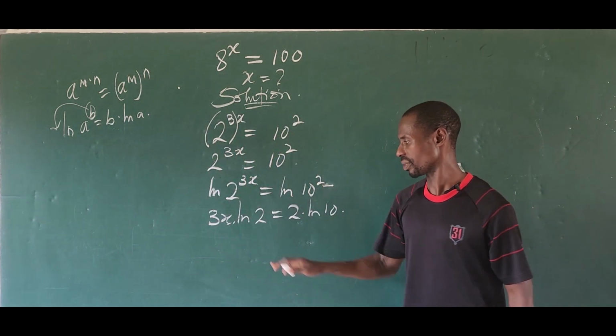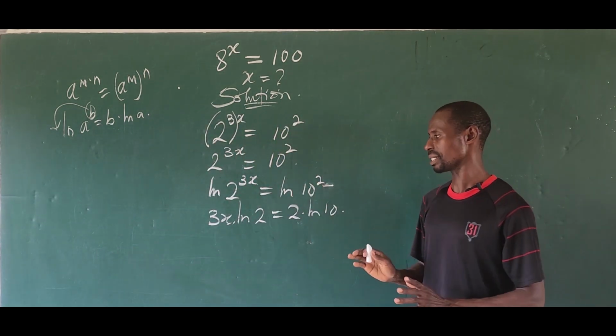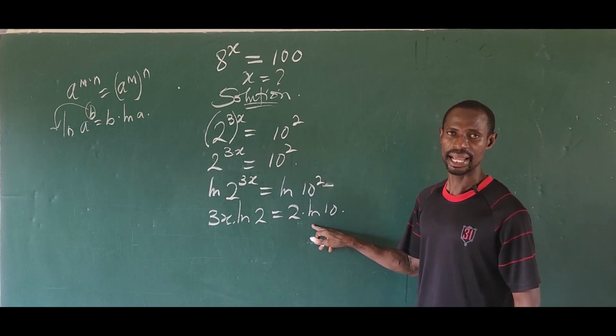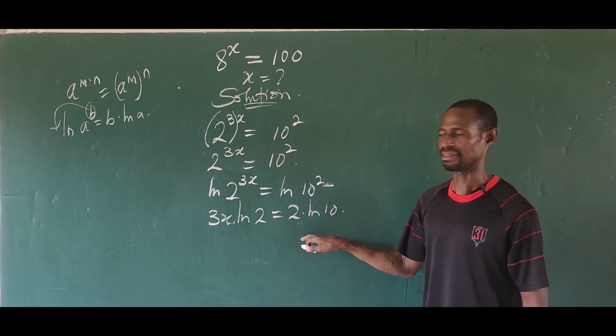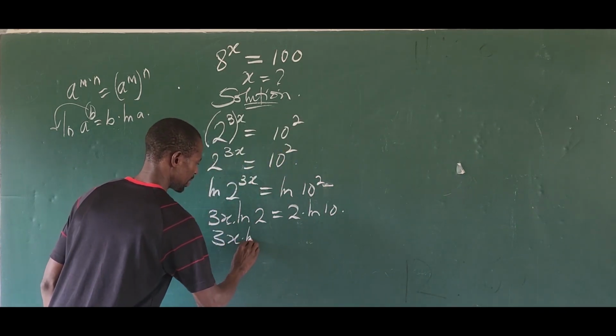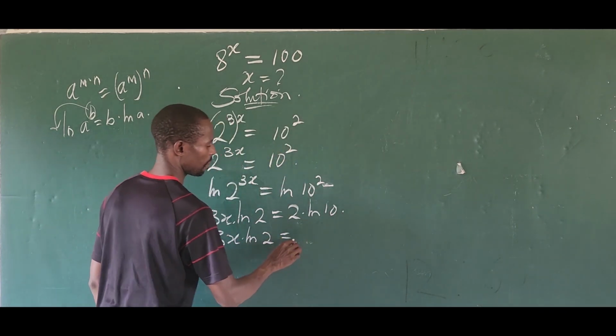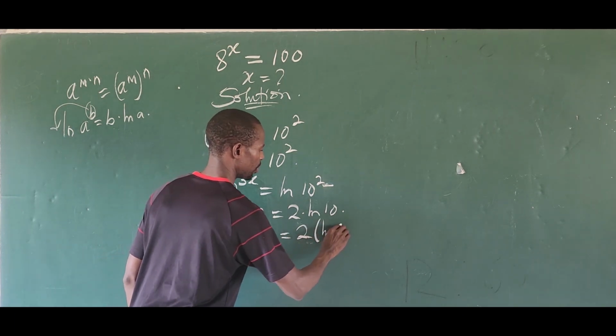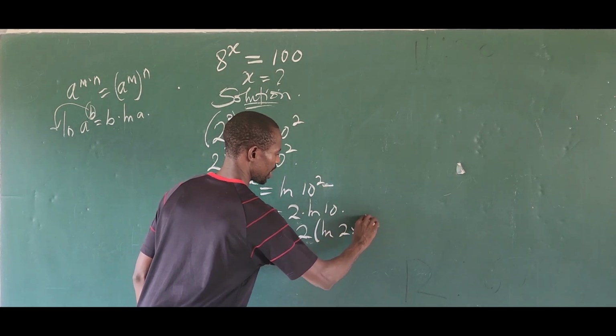Now with what we have here, it is simple. Now we can rewrite this 10 here as 2 times 5. So let's rewrite this first. So we have 3x times the ln of 2 is equal to 2 into the bracket, the ln of 2 times 5.